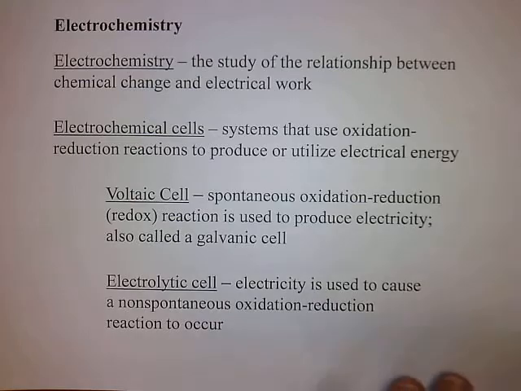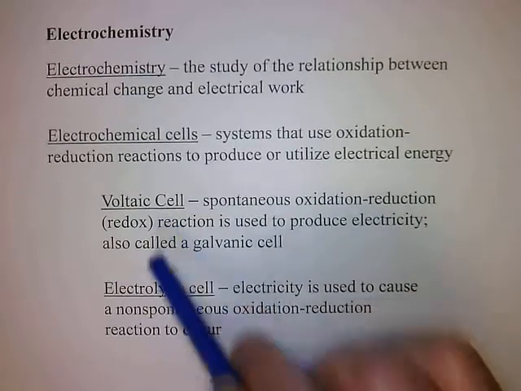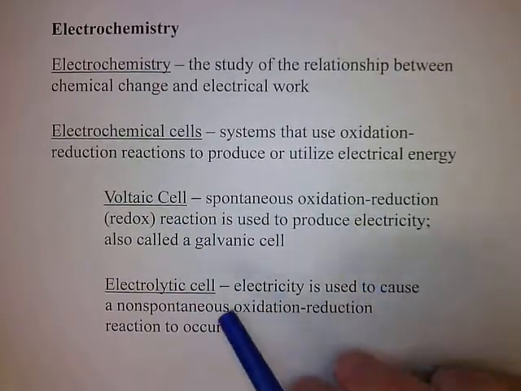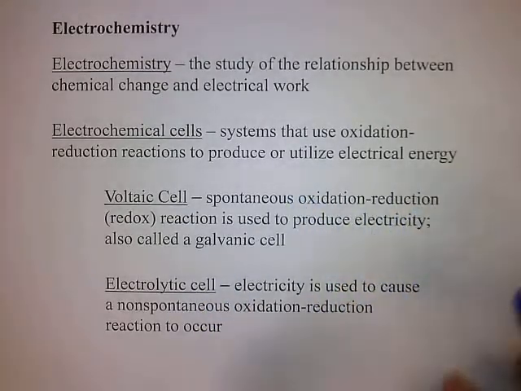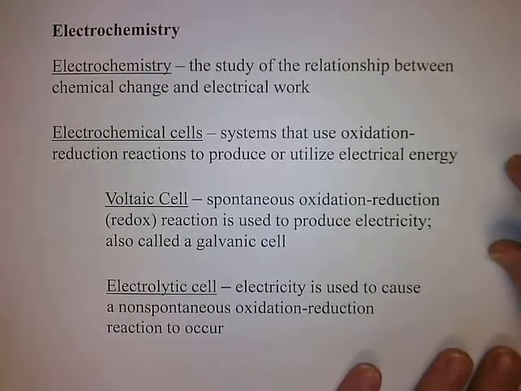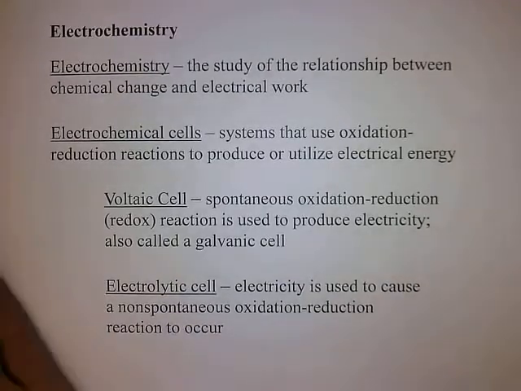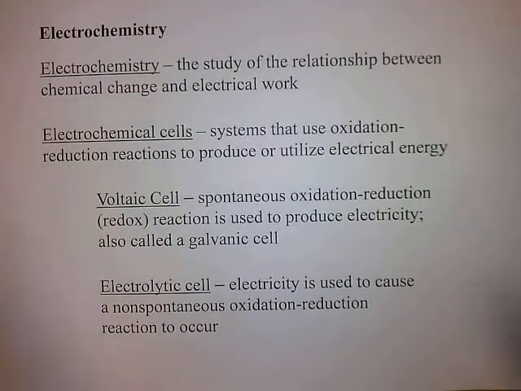Okay, so in the voltaic cell, we're using a redox reaction to produce electricity. So here we have a redox reaction. By definition, it involves the transfer of electrons, and we're forcing that transfer of electrons to take place through our external circuit.